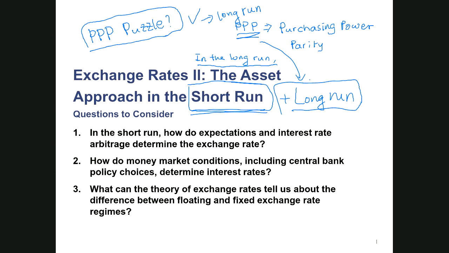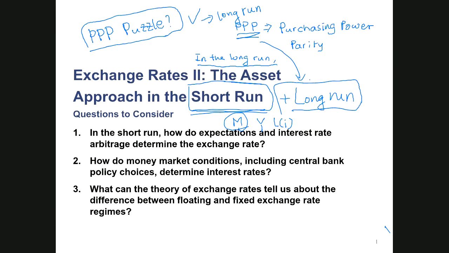We already learned in chapter 14 what variables will affect the exchange rate: the money supply in both countries, home and foreign, and the real output. What else? The liquidity, the interest rate of each country.